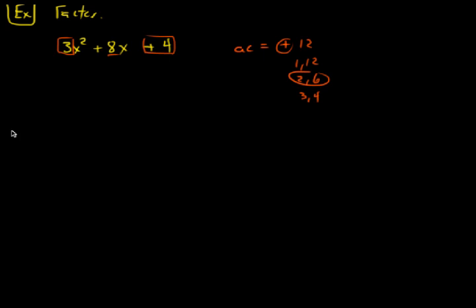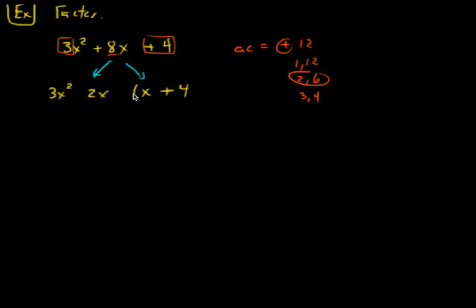Step 2 was kind of the wordy one, where I split the b term into 2 like terms, meaning they're going to be x terms in this case. So I'll still have the 3x squared, and then I'll have some x term, and then the plus 4 still tagging along here. So I'm splitting the b term into 2 like terms whose coefficients are the factors we just found.